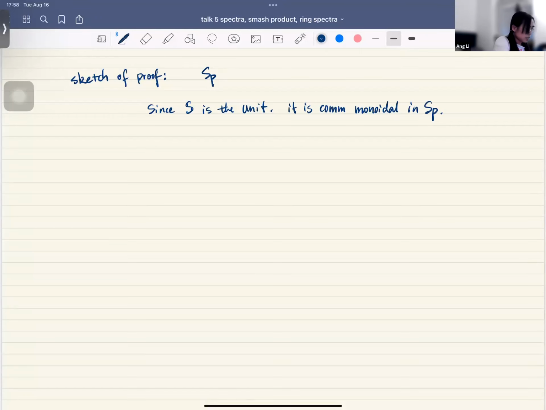And because our loop infinity, as part of the adjunction, is a lax symmetric monoidal functor, we apply that to the sphere spectrum and it is also a commutative monoid.